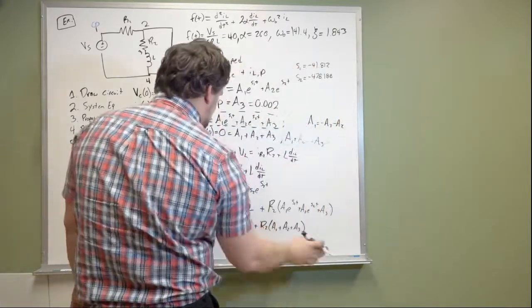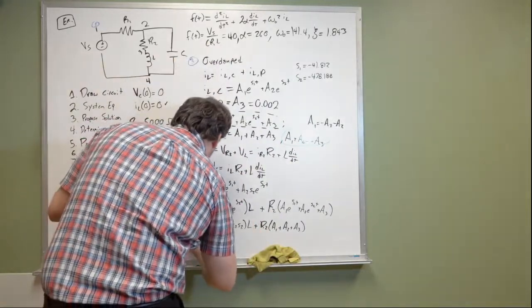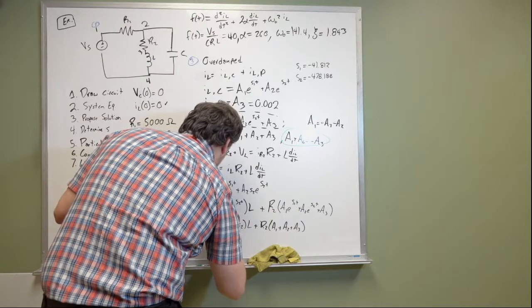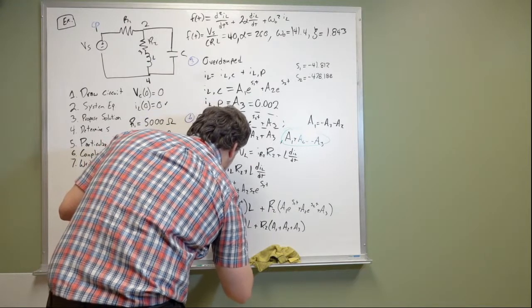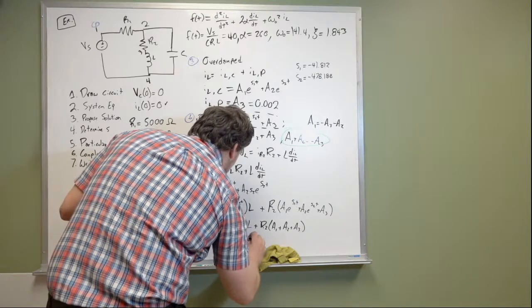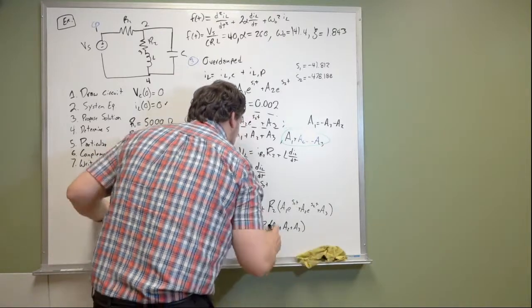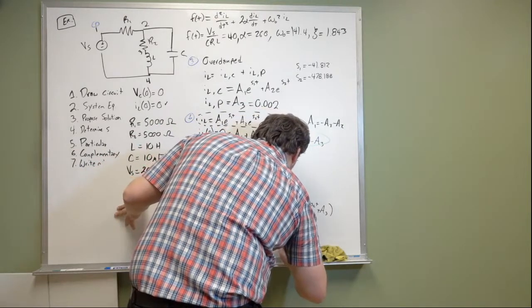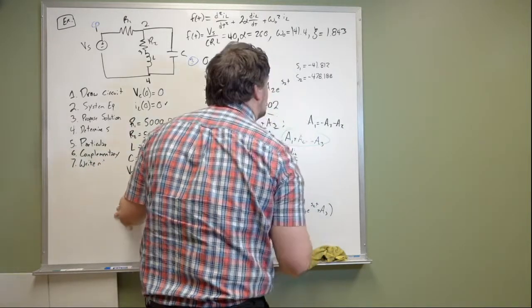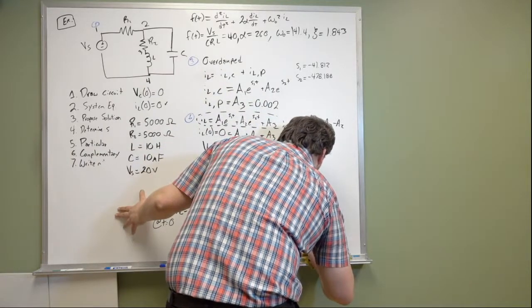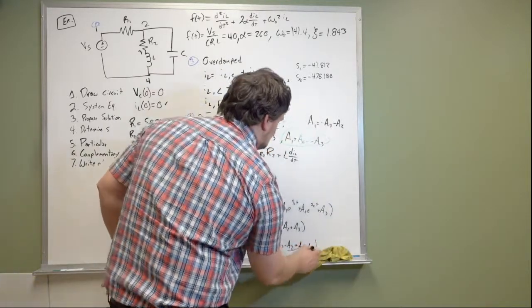And then anytime I see an A1, I would just replace that with 0 is equal to negative A3 S1 minus A2 S1 plus A2 S2 times L plus R2 times negative A3 minus A2 plus A2 plus A3. Now, the nice thing is those cancel each other out.